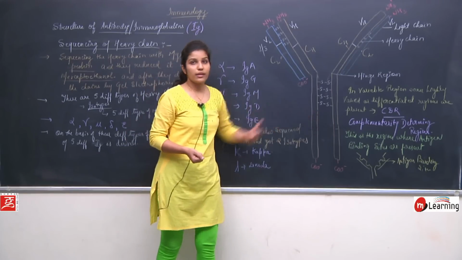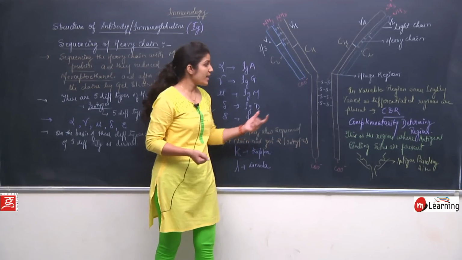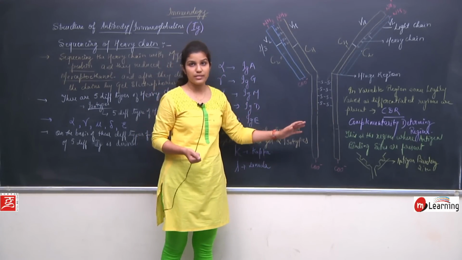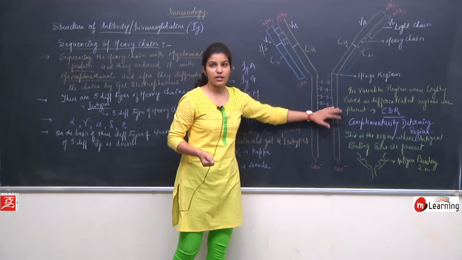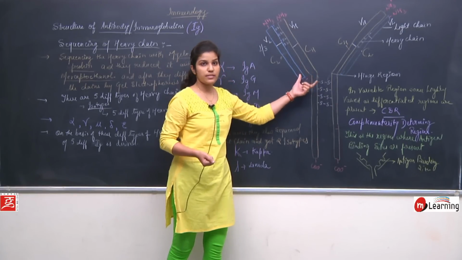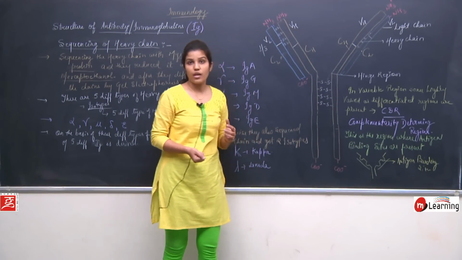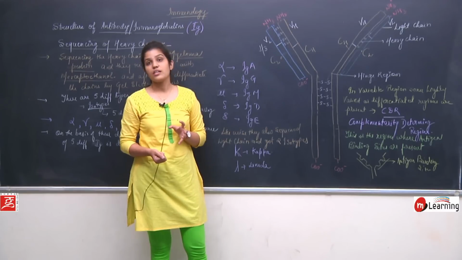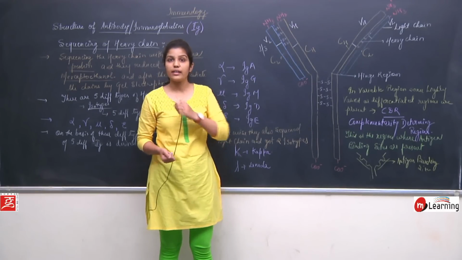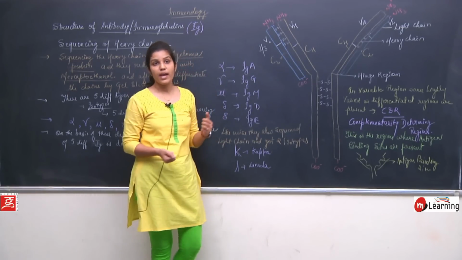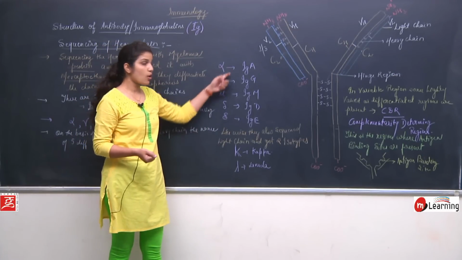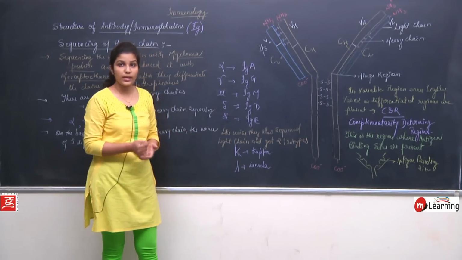Likewise in all the antibodies, either of the chains from these 5 will be present and that too identical. If mu chain is present, then this one will be mu. If here kappa chain is present, then here it will be kappa. So our antibody is made up of 2 identical light chains and 2 identical heavy chains. That's why we have said 2 identical heavy chains and 2 identical light chains, because of this combination. Okay.